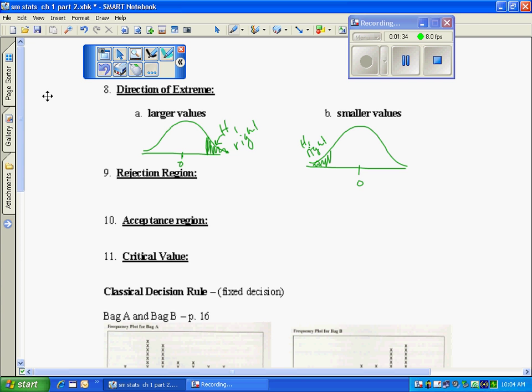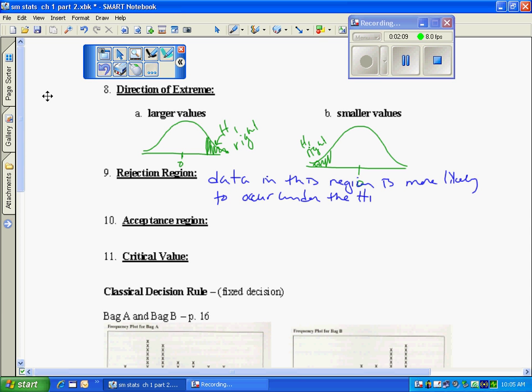So we have these regions called the rejection region and the acceptance region. If I get values that are in the rejection region, they are more likely to occur under the alternative. So the rejection region means data in this rejection region is more likely, notice I can't say for sure, but more likely to occur under the alternative.